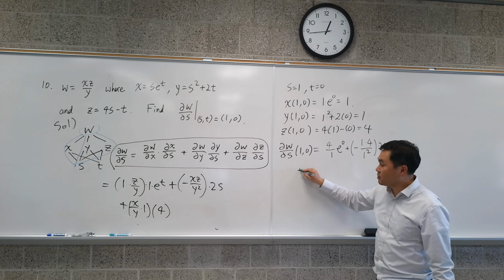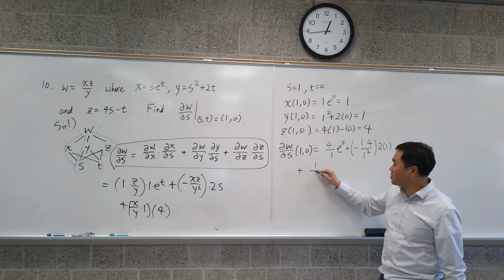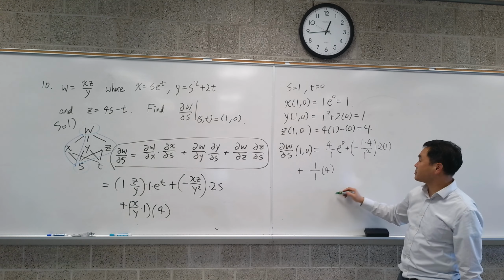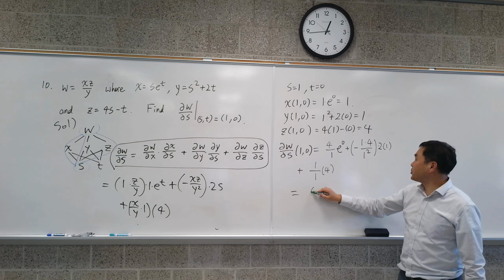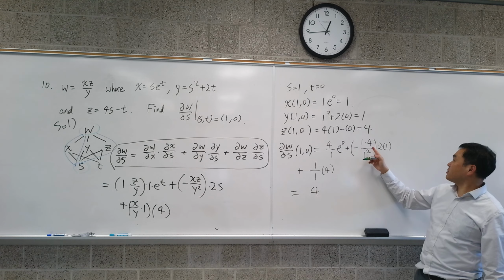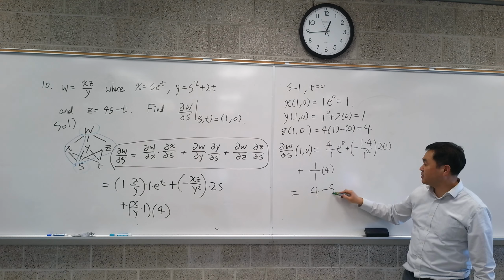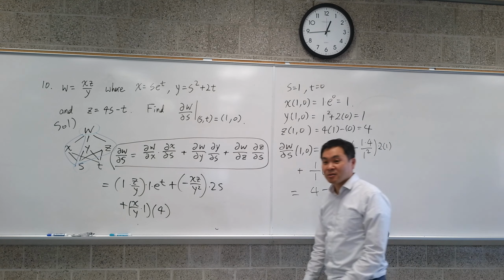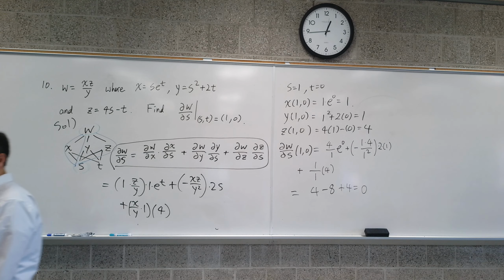And then you have x is 1, y is 1, times 4. That's 4, minus 8, plus 4. Oh, that's just 0. So you get that value.